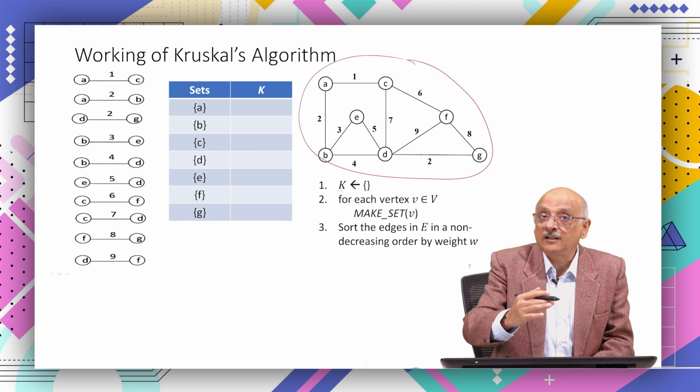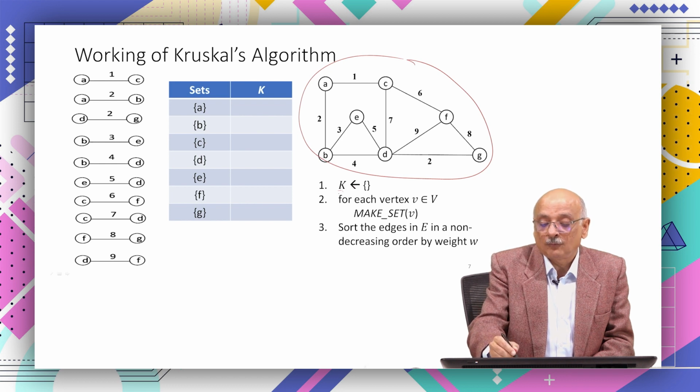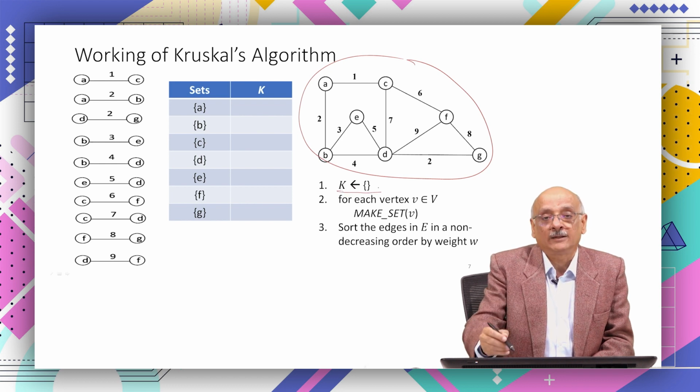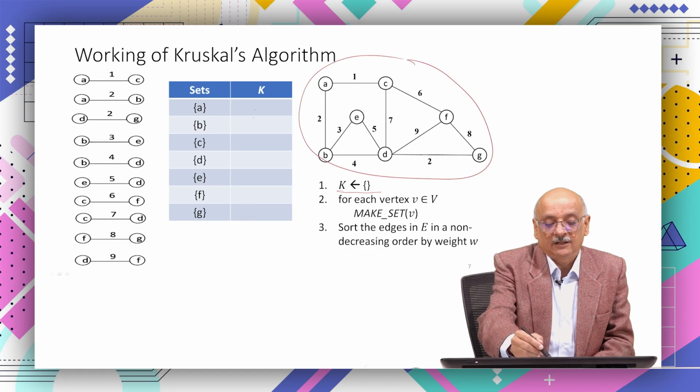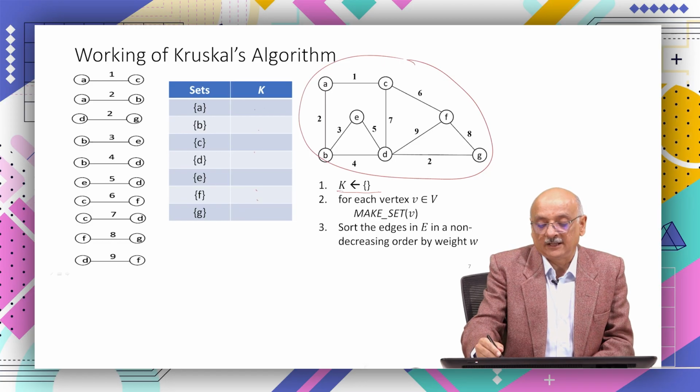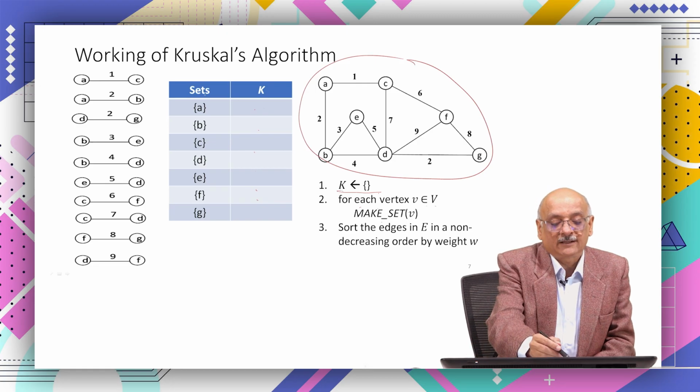So let's run Kruskal's algorithm. We start by making the set K null. So K right now is null, no edges there. For each vertex V which is a member of the set of vertices, make set V. So we make these sets.